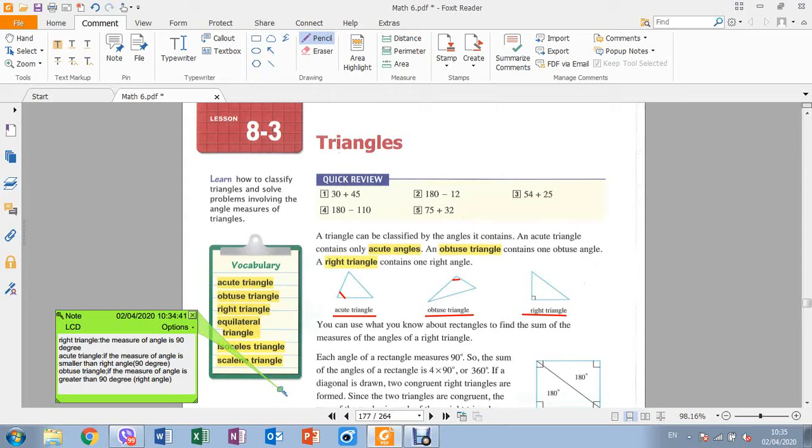So we call it an obtuse angle. Look at this one, this photo. This is an obtuse angle. Why? Because that opening is greater than a right angle.